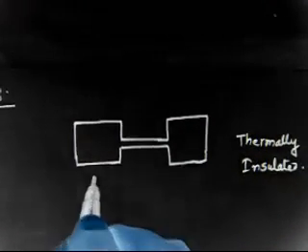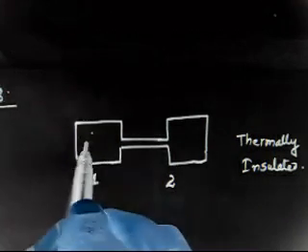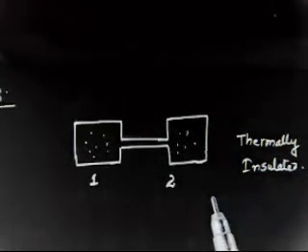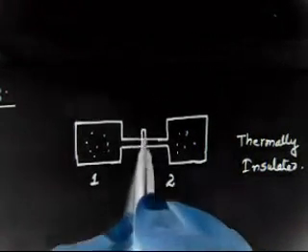Now let us call this vessel 1, this is vessel 2. They both contain air. And there is a valve in the middle.